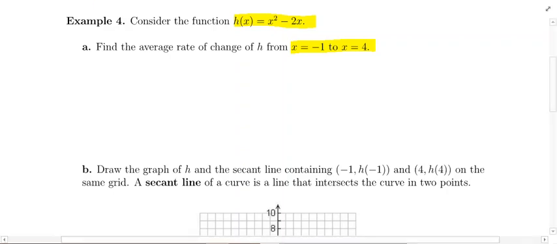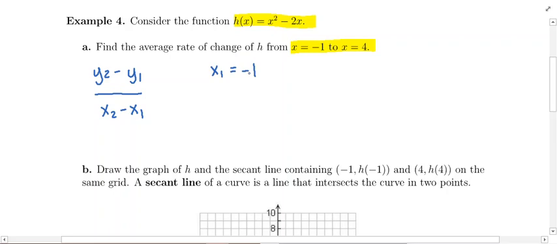All right, I told you the easiest interpretation of average rate of change. Think of it as the slope formula. So we need to compute y2 minus y1 over x2 minus x1. Let's start. Our first x value is -1. That's the one I'm going to call x1.